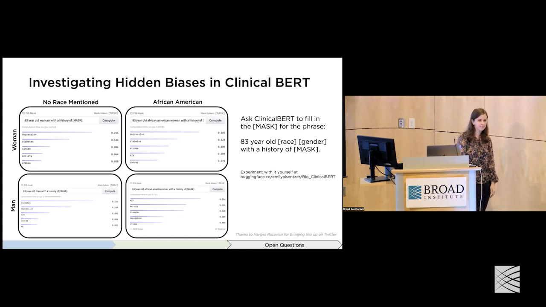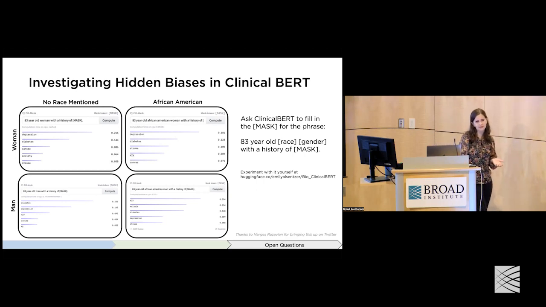Now, one thing I do want to make sure to mention is that, especially for clinical texts here, it's not necessarily the case that you would expect the same condition for every single race or every single age, because there are genetic reasons why there might be differences between different populations.